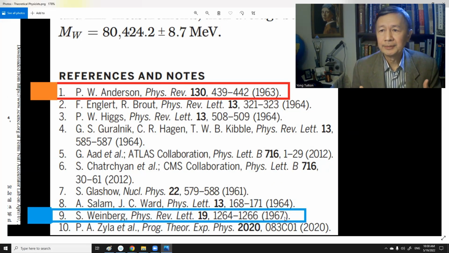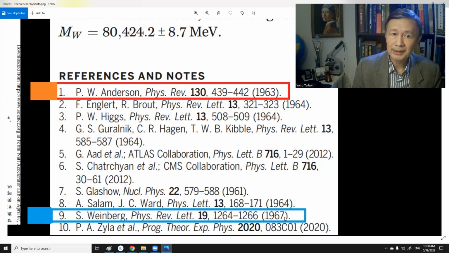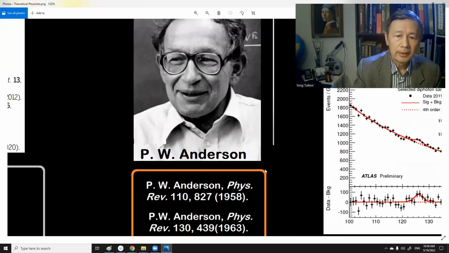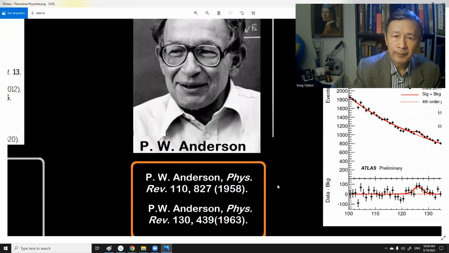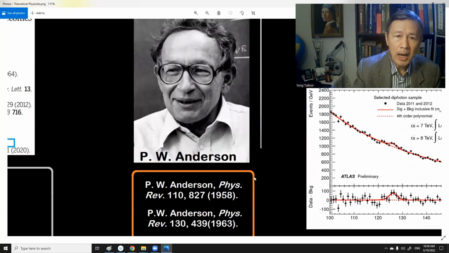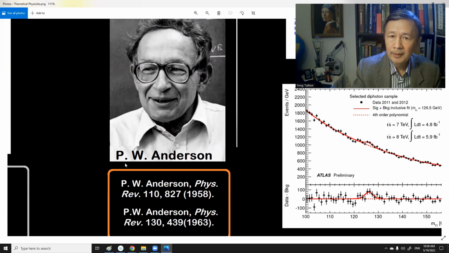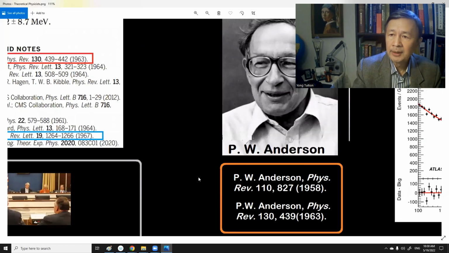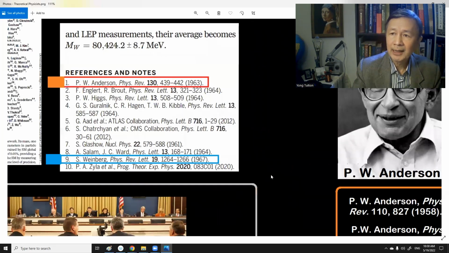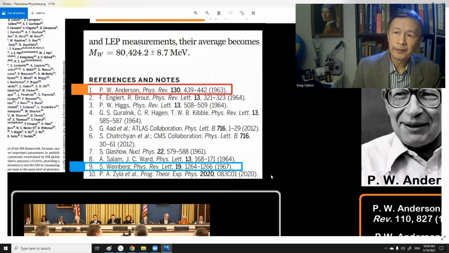So logically, Weinberger should mention Anderson's paper of 1963, but he didn't. These are two relevant papers he published, one in 1958 and another in 1963, and the second one was used as the first reference in this important publication on the standard model.